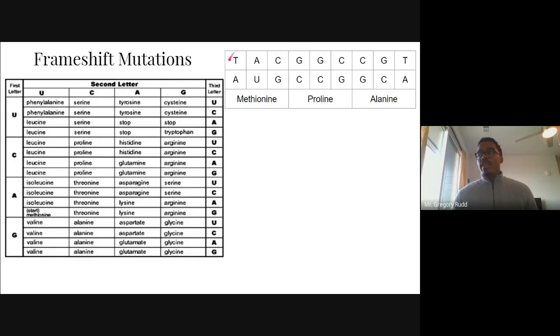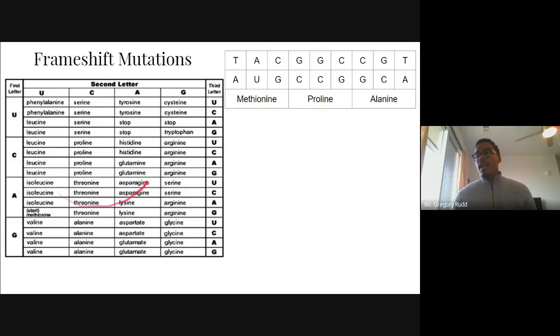T is transcribed to A. A gets transcribed to U because RNA does not have any T's. We can't have T in RNA. So A is transcribed to U. C gets transcribed to G, and G is transcribed to C, and so on and so forth. So I end up with A, U, G, C, C, G, G, C, A.